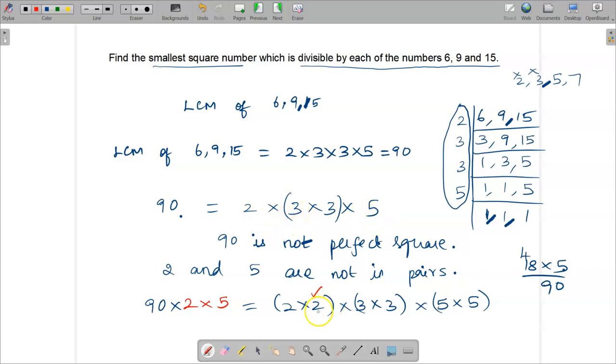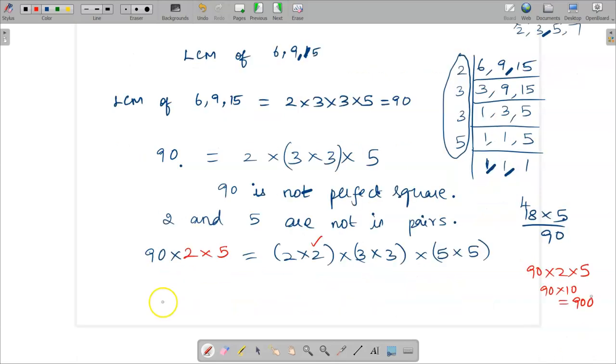Just multiplying by 2 as well as 5, I can make the right hand side a perfect square. Whenever you are multiplying by 2 and 5 in the right hand side, left hand side also you have to multiply by 2 and 5, right? So what is 90 into 2 into 5? 5 2s are 10. So 90 into 10, which is equal to 900.